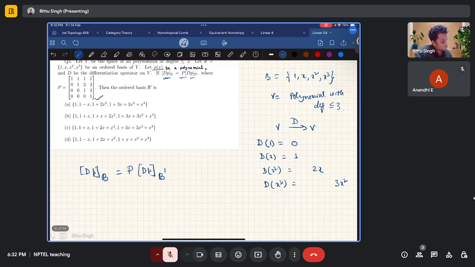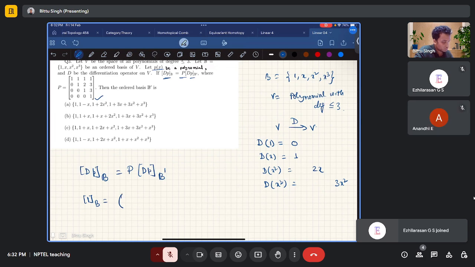And if we see 1, what is the coordinate of 1 with respect to B? It is simply 1 0 0 0. Similarly, coordinate of x with respect to B, it is 0 1 0 0.